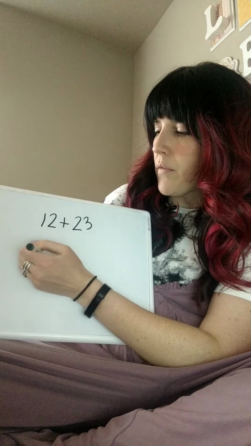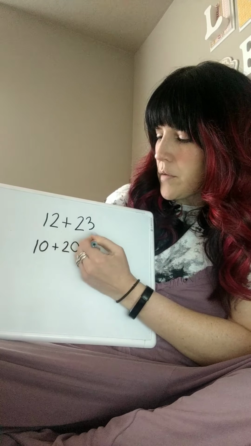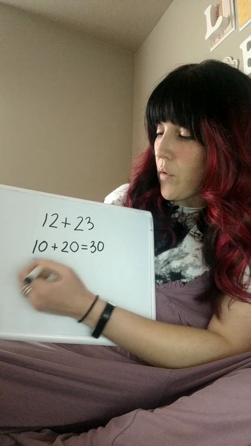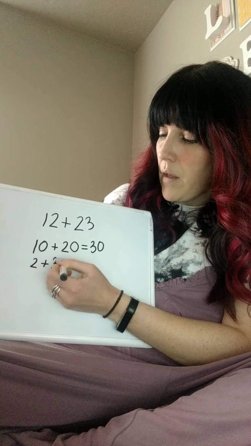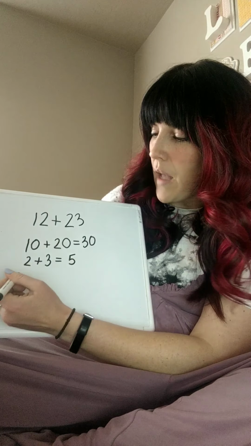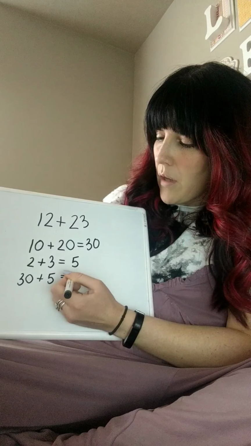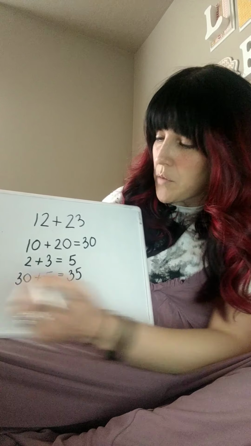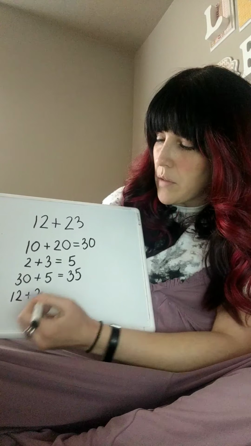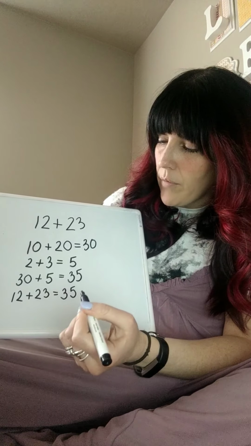She first did 10 plus 20 equals 30. Then she did 2 plus 3 equals 5. After that, she added 30 plus 5, and she got 35, which means that 12 plus 23 equals 35.